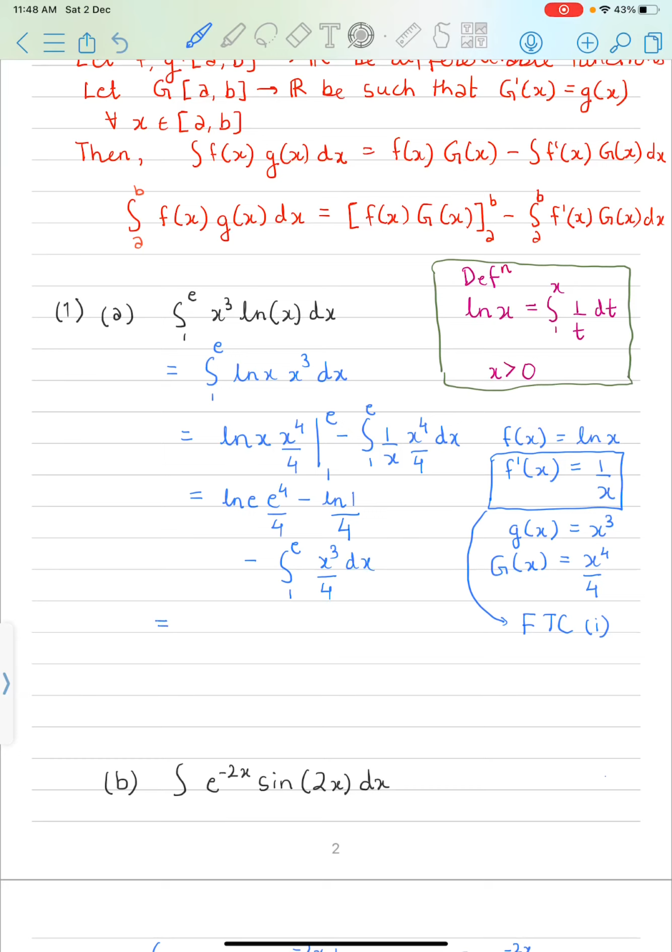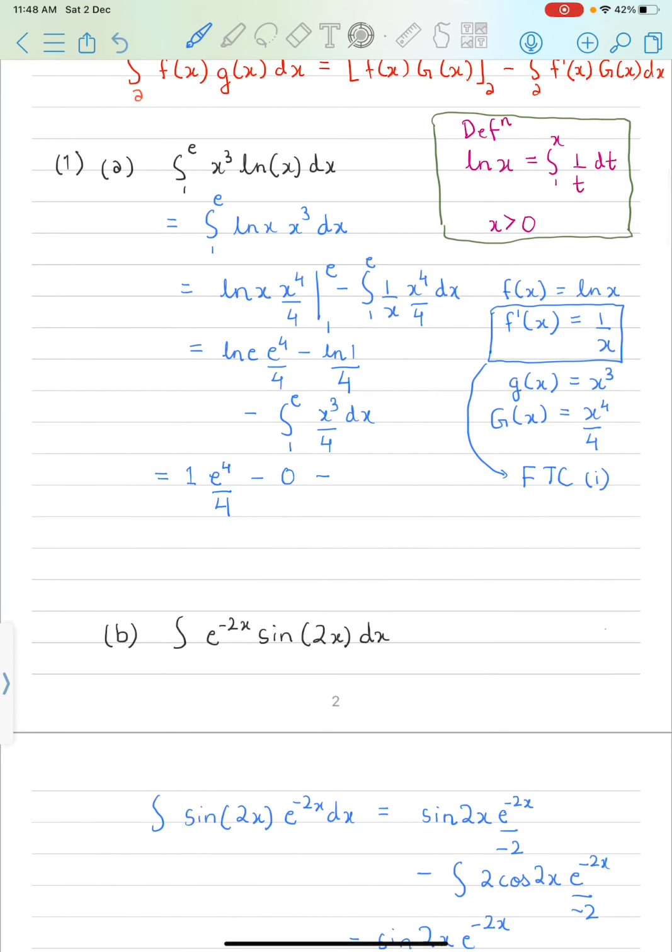So this will be ln e, which is 1, then e to the power 4 by 4, then minus ln 1 will be 0 because you are integrating from 1 to 1, so this will be 0. Then this thing will be x to the power 4 by 4 into 4, from 1 to e.